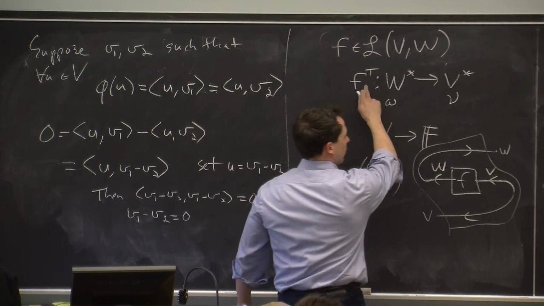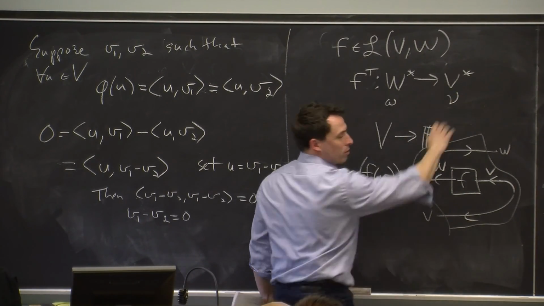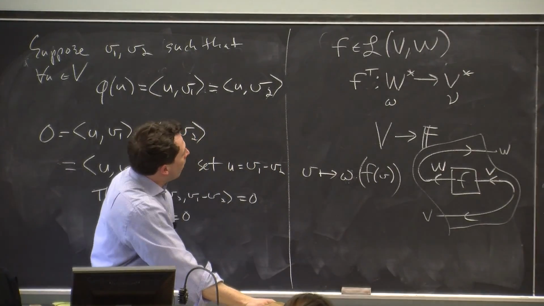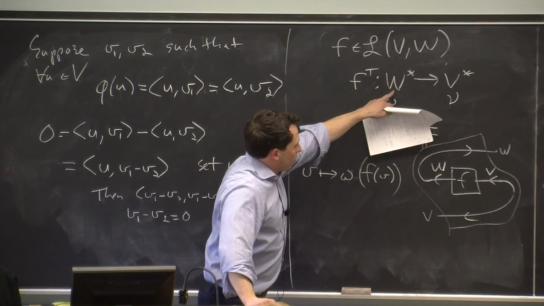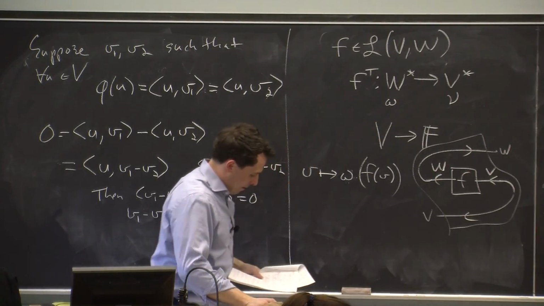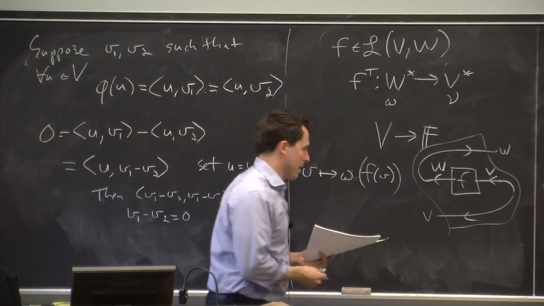So this is this F transpose from W star to V star. That's not quite what we want. What we're looking for now is a map that actually goes from W to V. And this is something different, which is the adjoint.